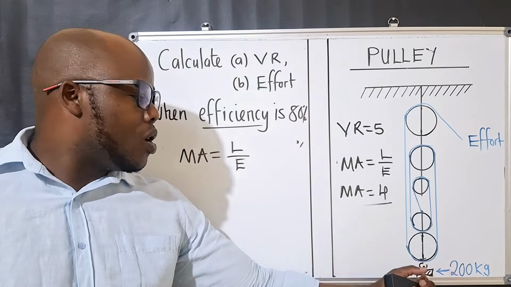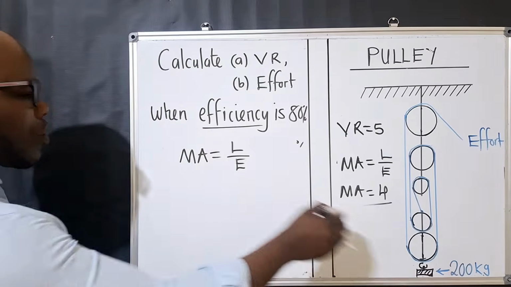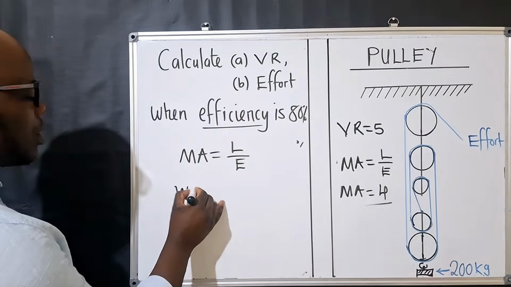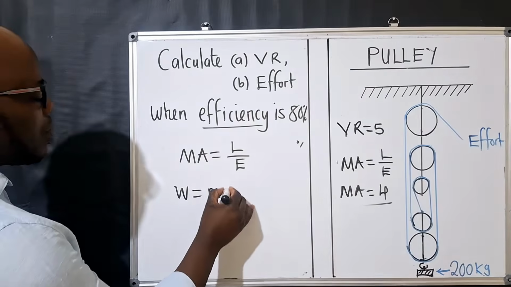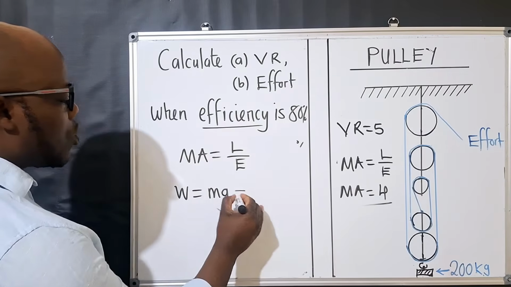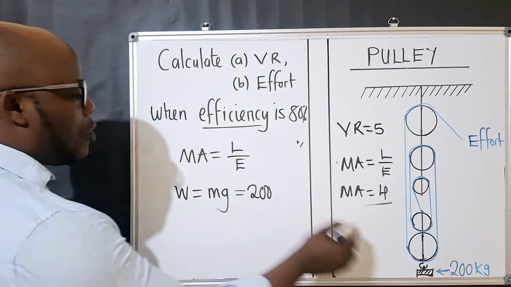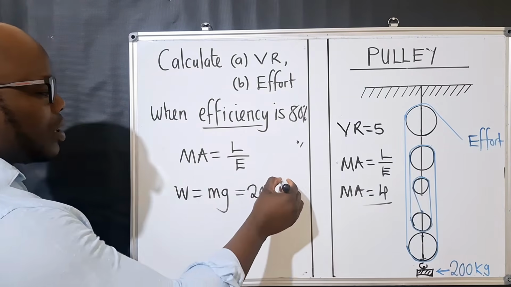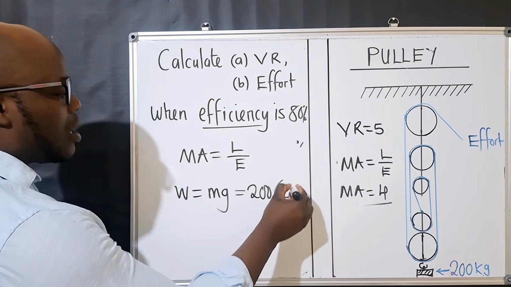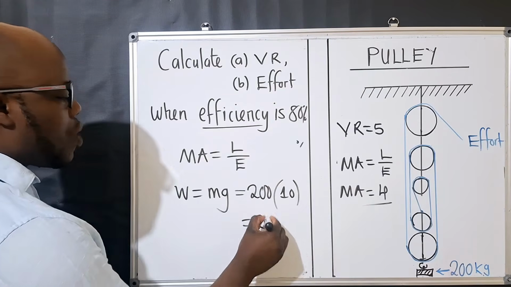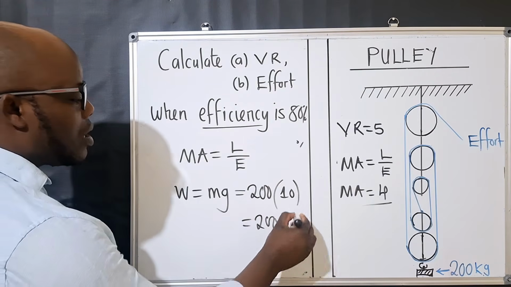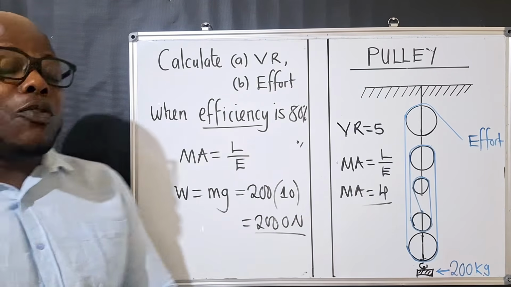So we need to convert this weight. Converting that, weight is equal to mass times gravity. So here it will be 200, which is a mass. We've been given mass here, but we want weight, times 10. So this would be 2000 newtons. We've found the weight.